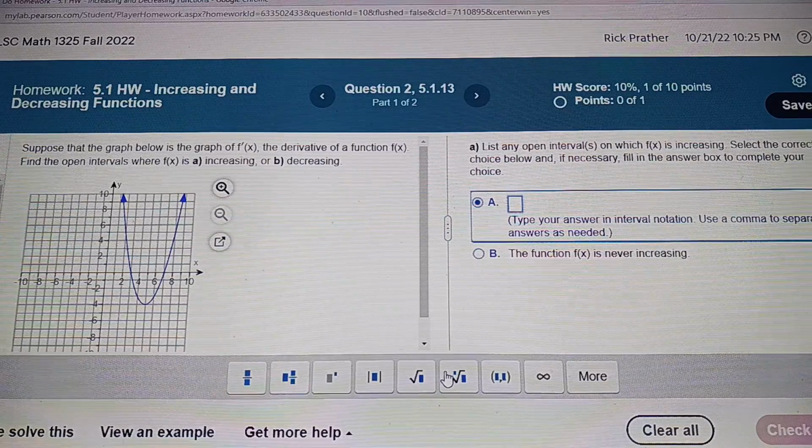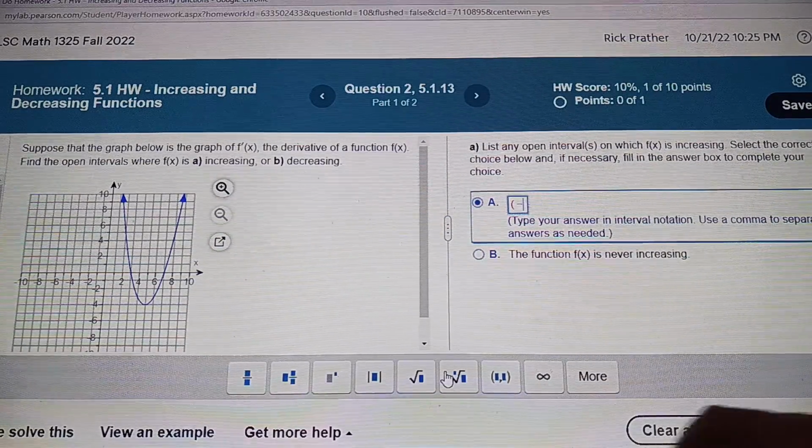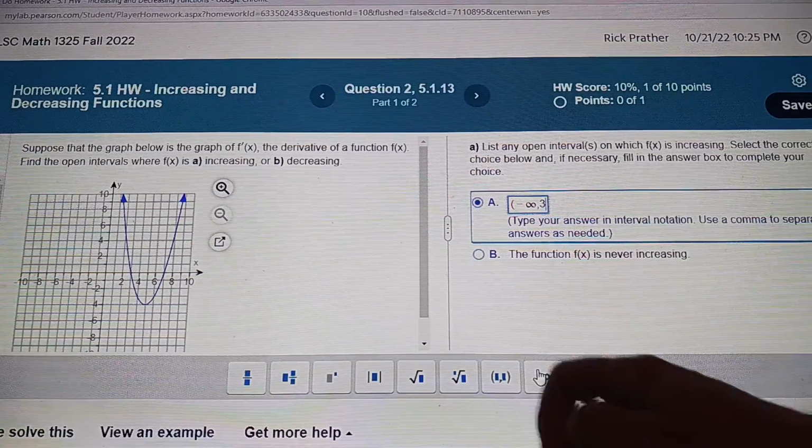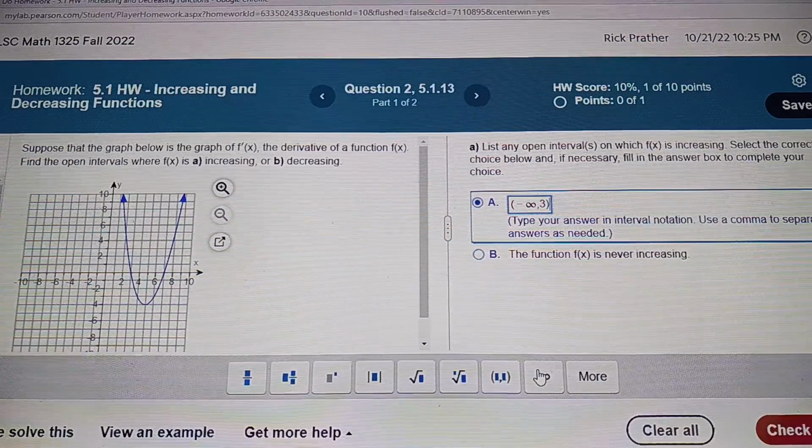The regular graph is increasing from negative infinity. You always start at negative infinity because you're coming in left to right. It's just a coincidence that we got 3 again. It's increasing from, even though the derivative function is going down, it just means it's increasing less and less, but it's still increasing all the way till that point.